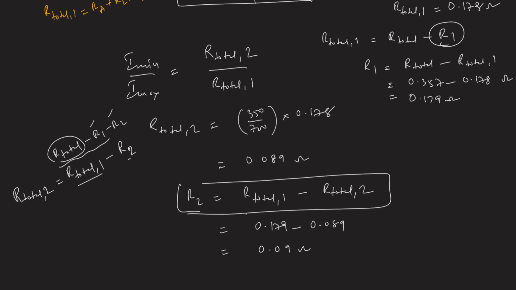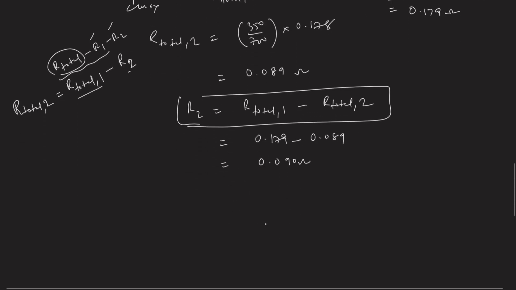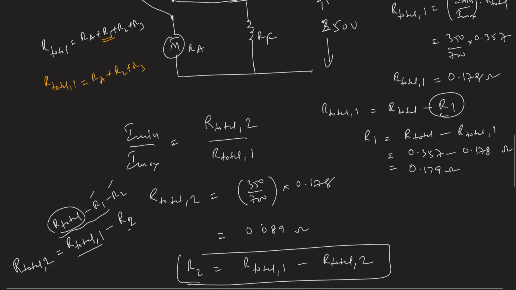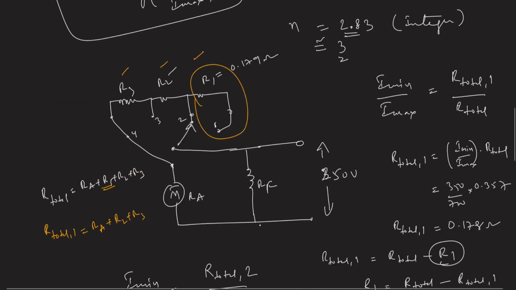So 0.090, correct? Okay, this section resistance is 0.090 ohms. Now I want this section resistance.